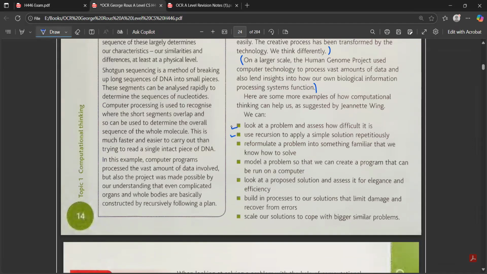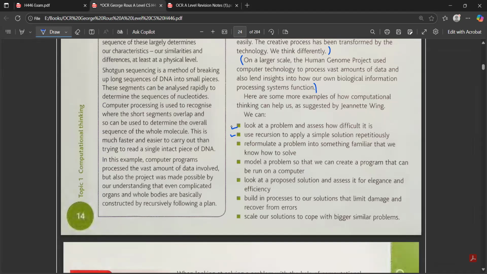The second thing is that you use recursion to apply a simple solution repeatedly. Recursion is basically a process where you work with something repeatedly, again and again.